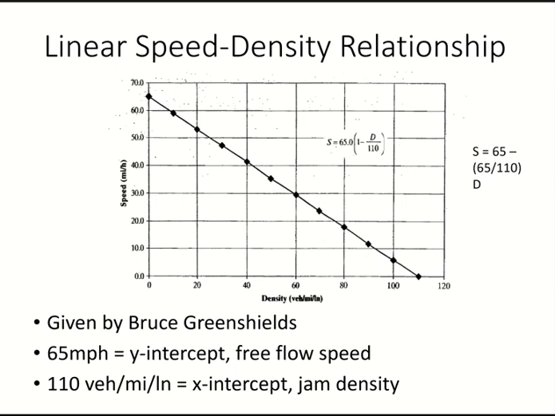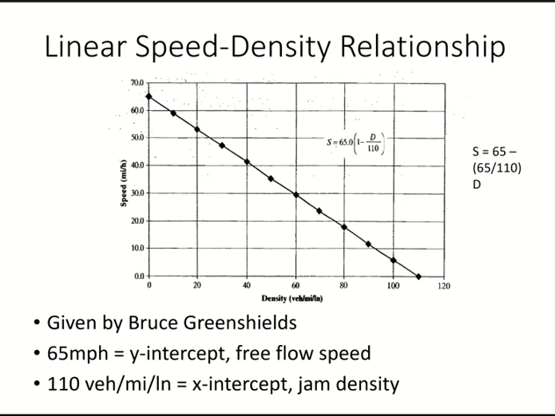This value is 65. This value is 110. So I have the graph, I have the values now. Now let me write the equation. y equals mx plus b, right?